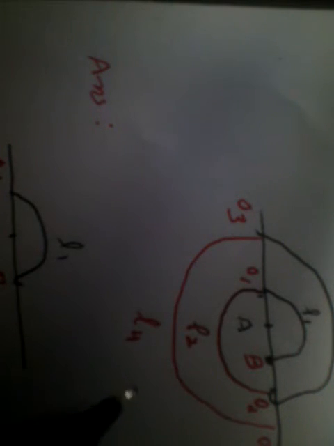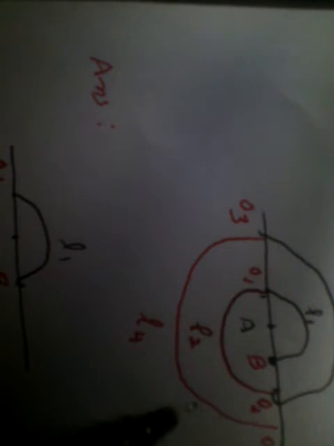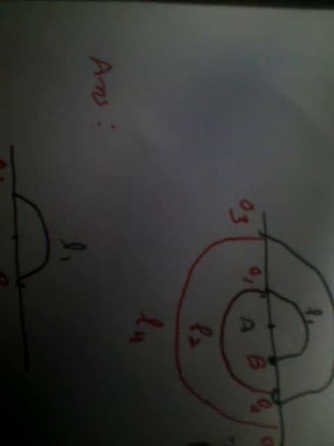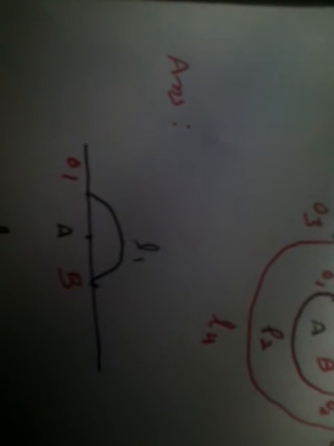Then L3 has 1.5 centimeter, L4 has 2 centimeter, and so on up to 13 semicircles. The centers of the circles will be alternately changing from A to B, B to A, so that you make a spiral. Otherwise, it will not make any spiral if you don't change the center. So this is the question.